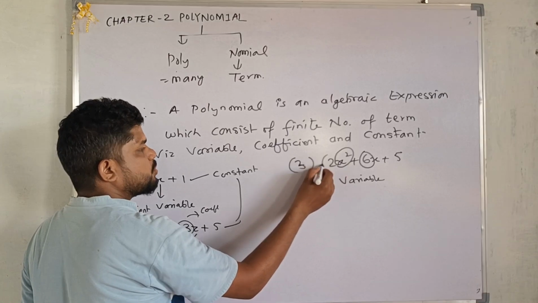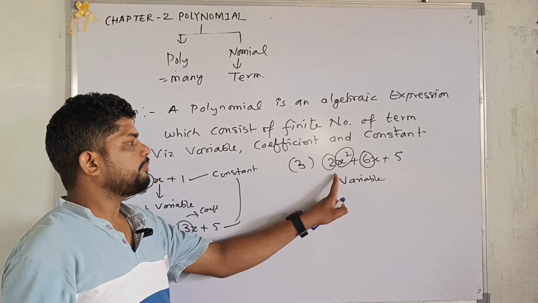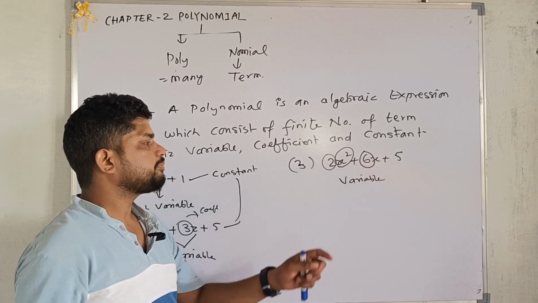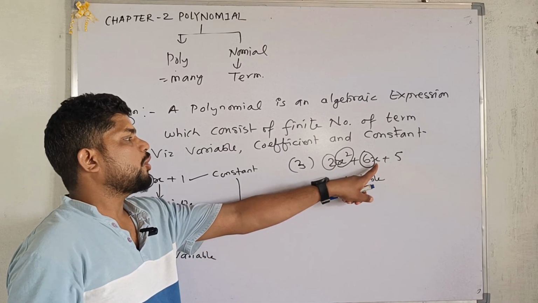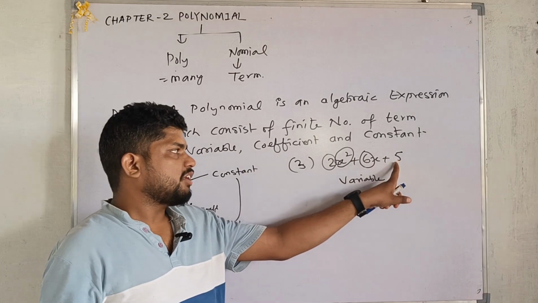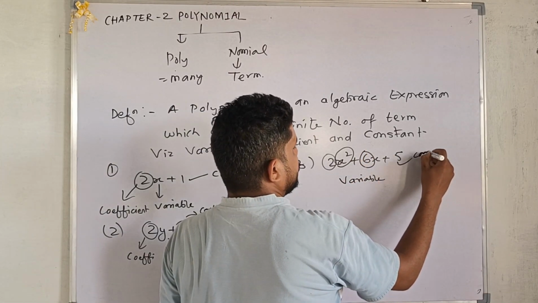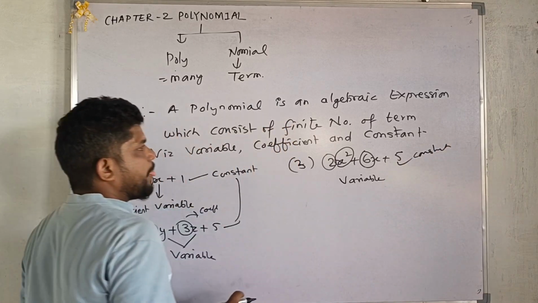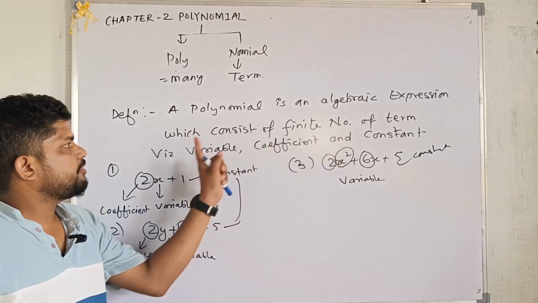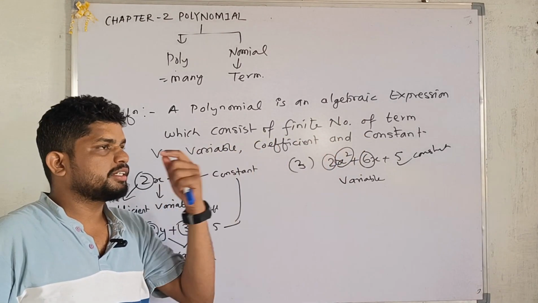Here the coefficient of x square is 2. So in 2x square plus 6x plus 5, the coefficient of x is 6, the coefficient of x square is 2, whereas 5 is written without a variable, so it is known as constant. So 5 is the constant here. So basically polynomial is an algebraic expression which consists of a finite number of terms: variable, coefficient and constant.